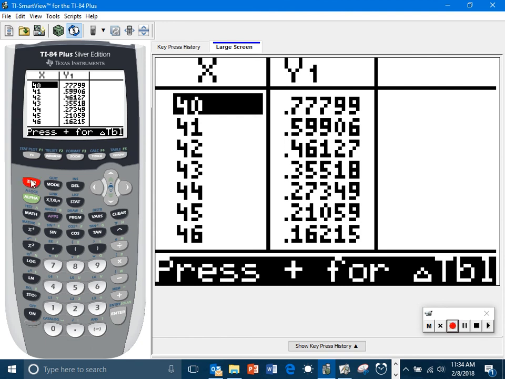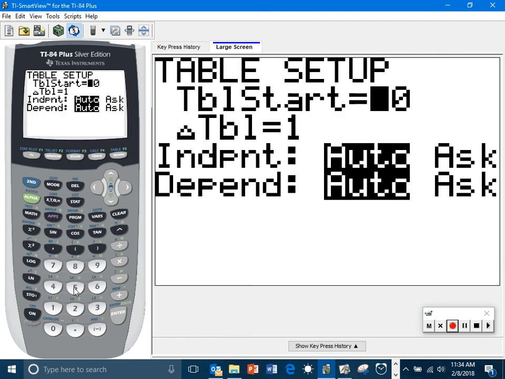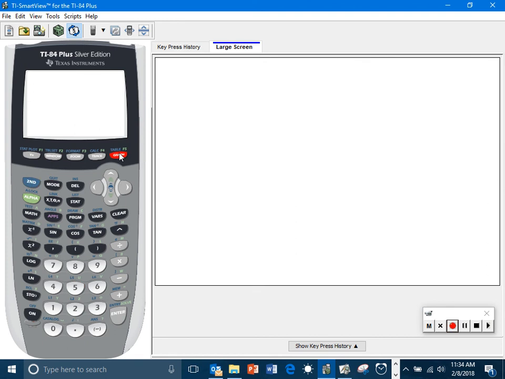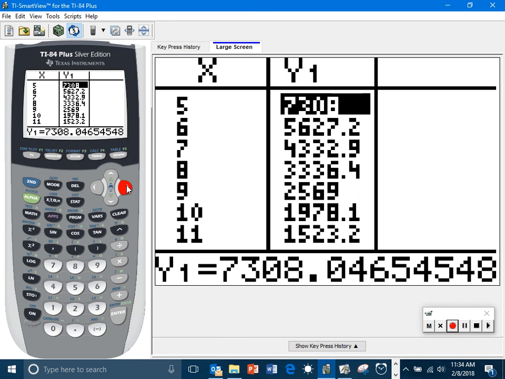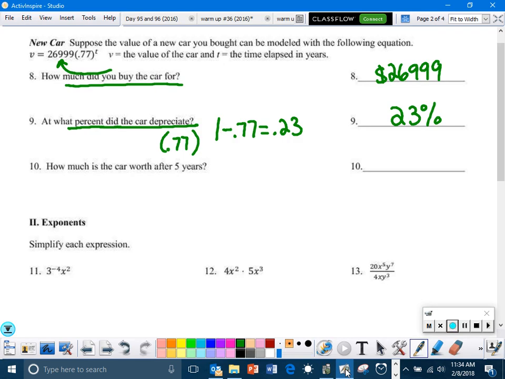You can scroll there if you need to. So after 5 years, and again I'm going to go on top of the number, I see that it is $7,308. Look at the bottom of the screen, and 5 cents if I use my rounding rules. So $7,308.05.